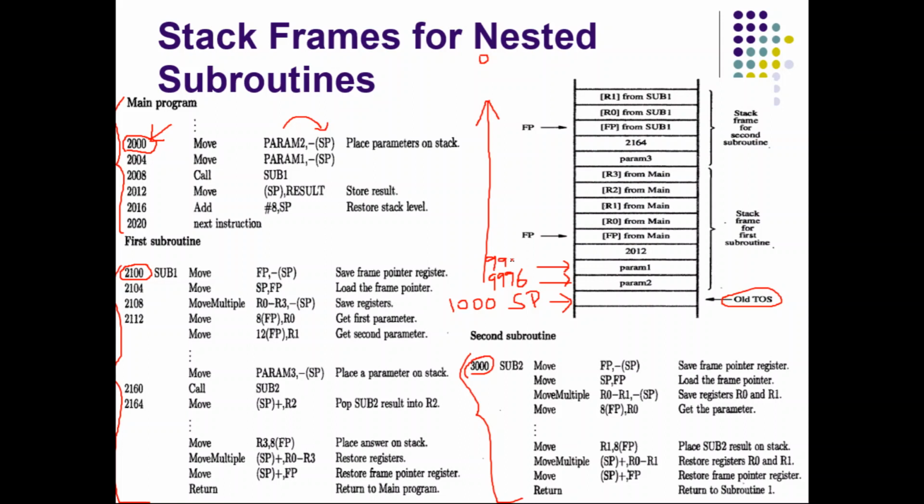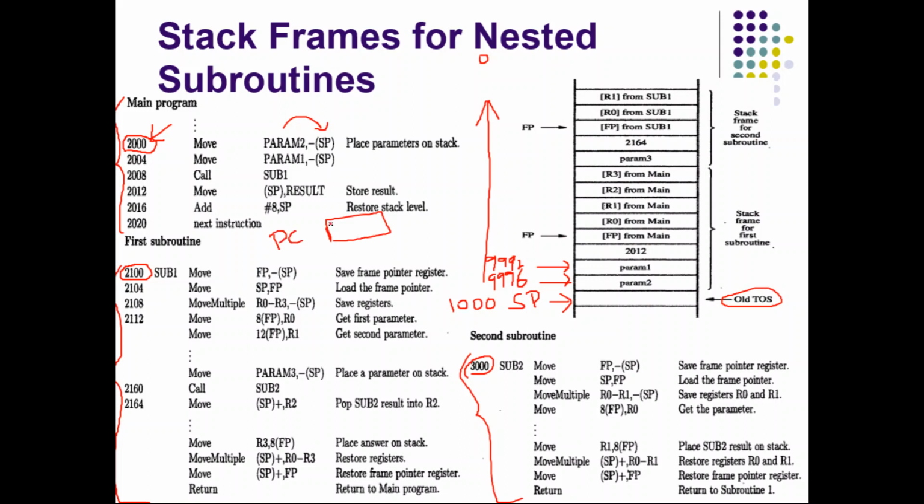We assume the word size is 4 bytes. Then call subroutine. Control should transfer to 2100. That is, now PC will be set to 2100.